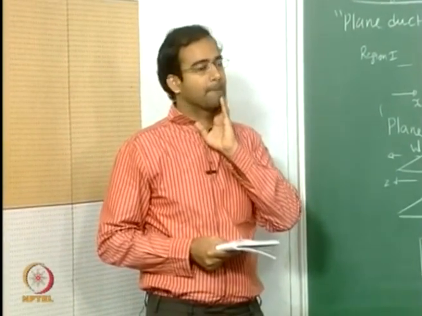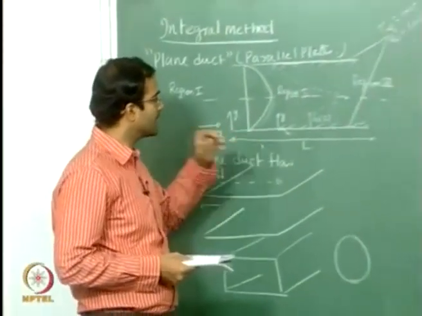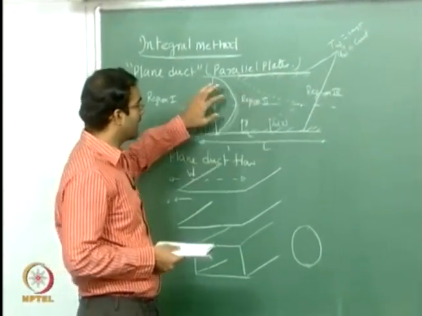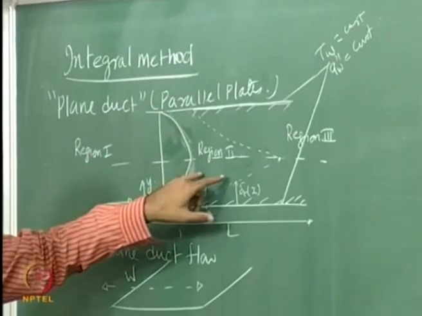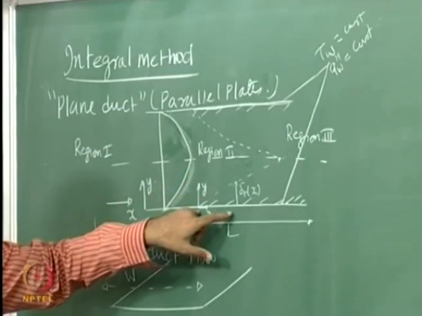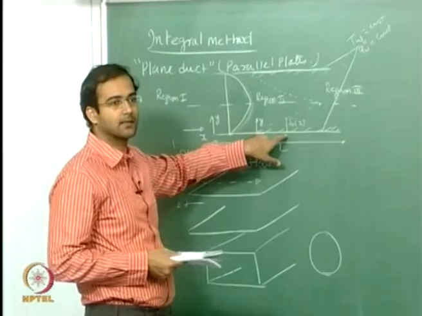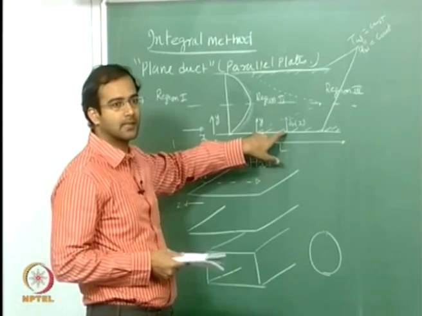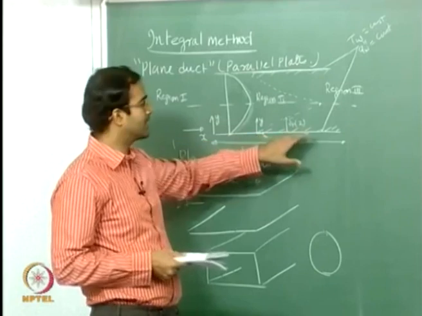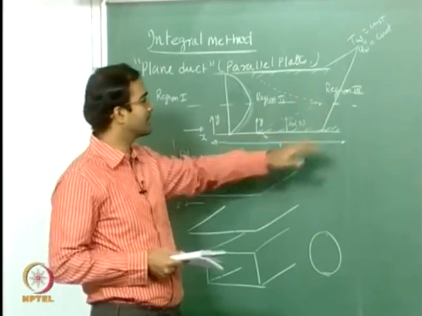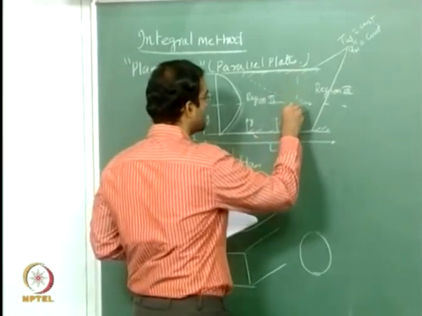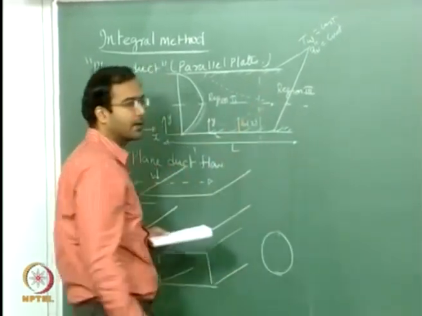So if you look at region 2, if you have the fully developed velocity profile, then you can focus on region 2 where you have a boundary layer like structure. So that is only up to a certain distance downstream. If you go further down, you can see somewhere here it loses the boundary layer like structure.